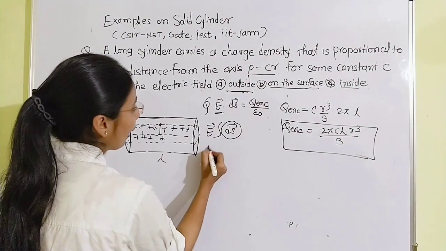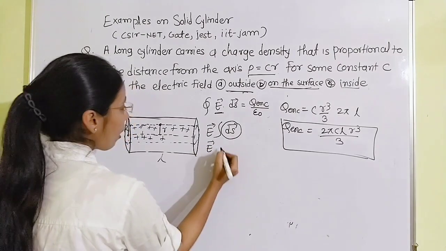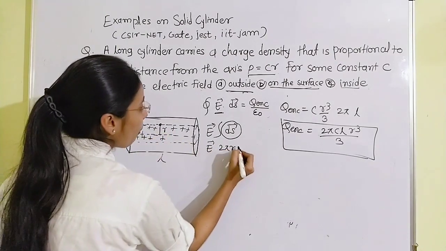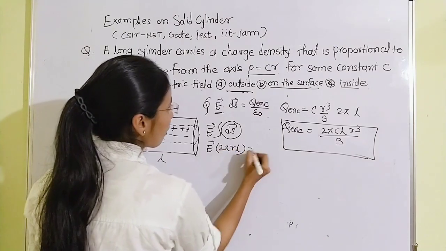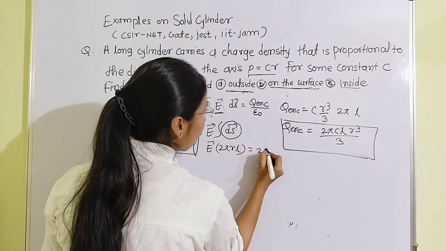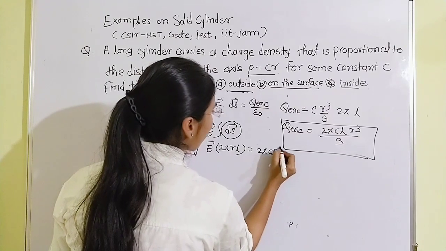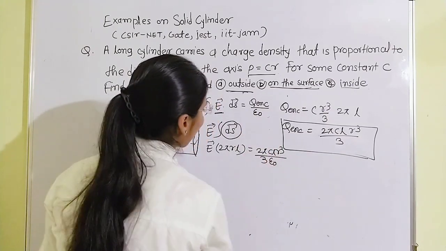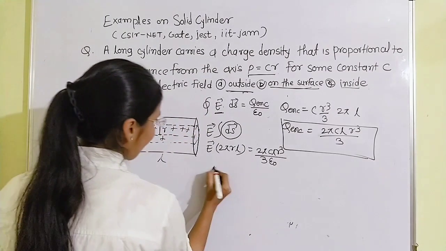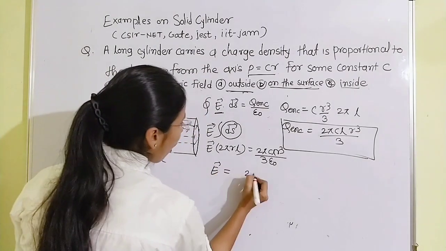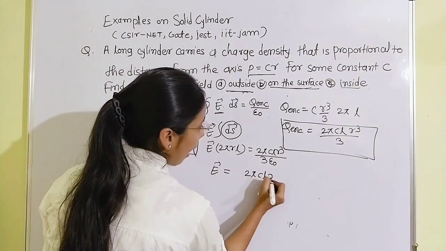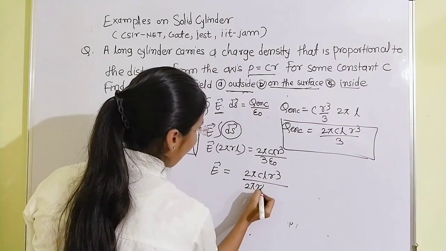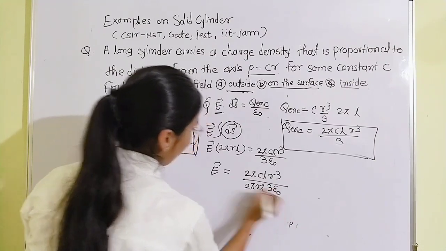The area of the Gaussian surface is 2 pi, small r, so 2 pi r L. Q enclosed is equal to 2 pi C L r cube by 3, upon epsilon naught. So the electric field E bar is equal to 2 pi C L r cube upon 2 pi r L 3 epsilon naught.